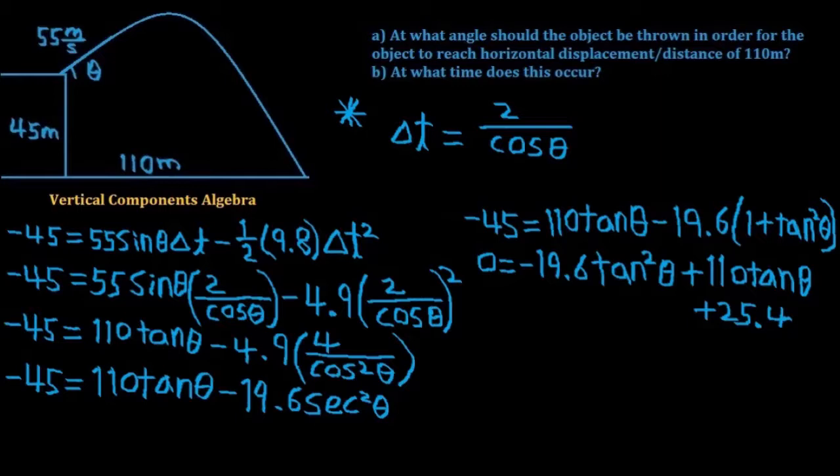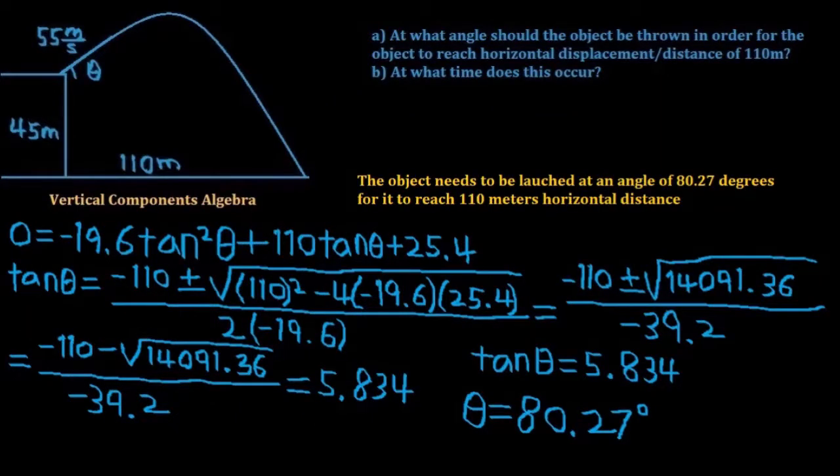Okay, so now we've seen that there's tan squared theta, and then there is also tan theta. So this is very much like a quadratic equation, and you have to use the quadratic formula to find the tan theta values.